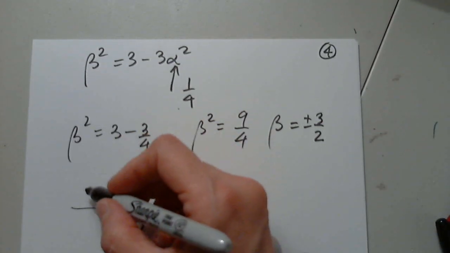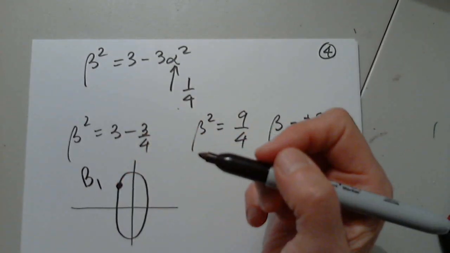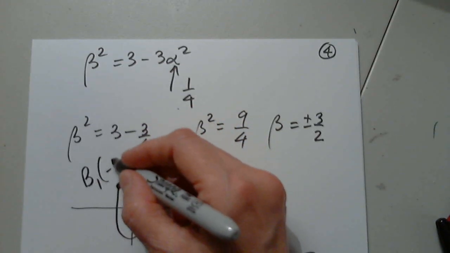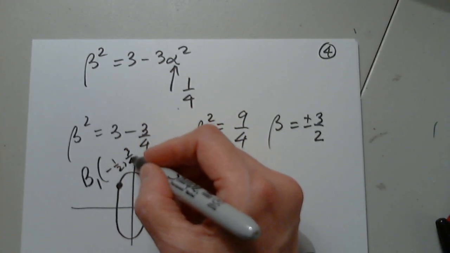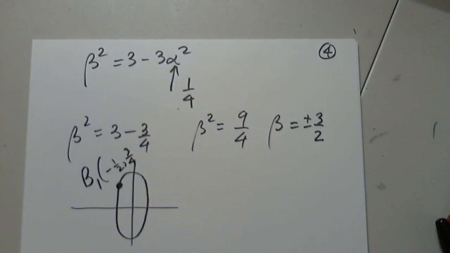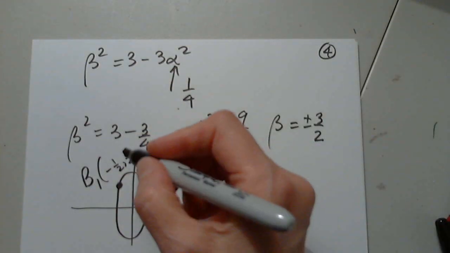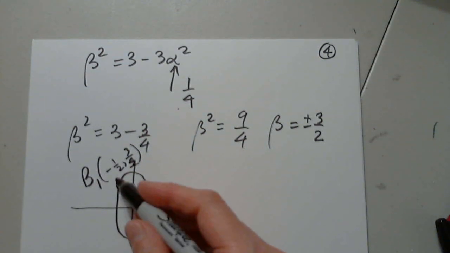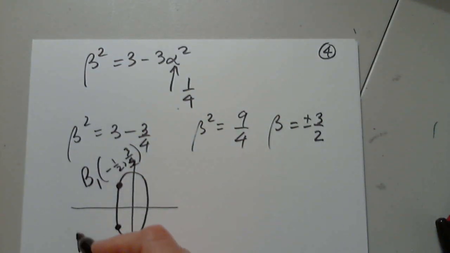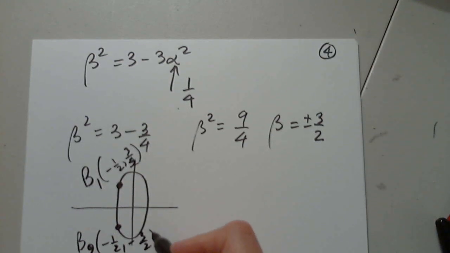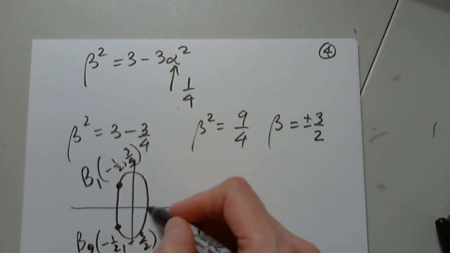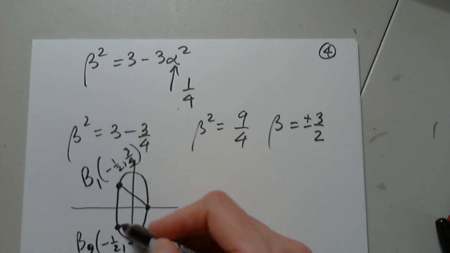So this point is, I'm going to call it B1 now. Negative 1/2 comma 3/2. Yes. It's right here in front of me. And the other one on the same vertical, this is B2, negative 1/2 comma negative 3/2, as expected.